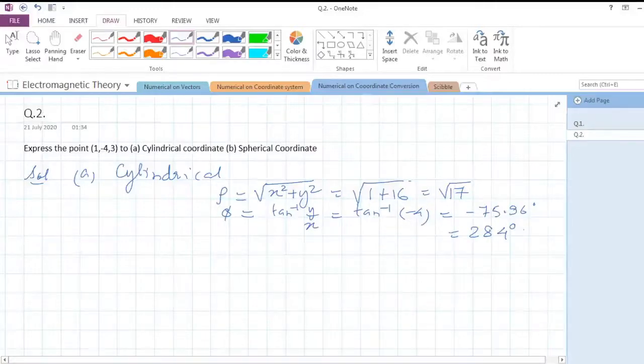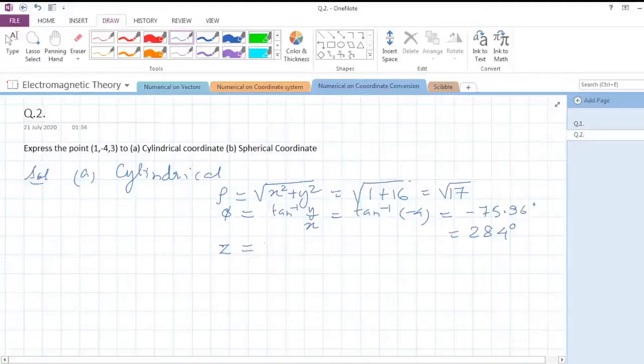Because phi rotates from 0 degree to a complete 360 degree, I would recommend you to write phi as 284 degree rather than minus of some angle, because minus of an angle is a different way of writing angles, and phi has no problem reaching beyond 180 degree. It can go up to 360 degree, not beyond that obviously. So anything which is less than 360 degree, you can write as a phi angle.